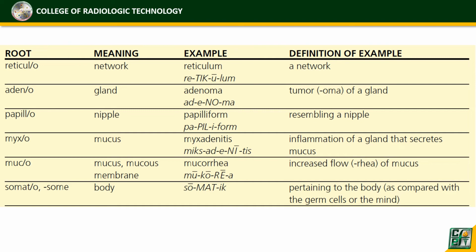Then we have aden or adeno, which means gland. Adenoma means tumor of a gland: aden or adeno means gland, oma means tumor.